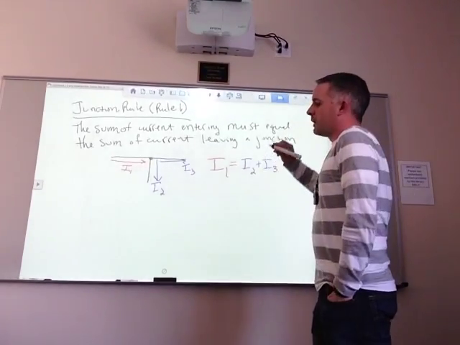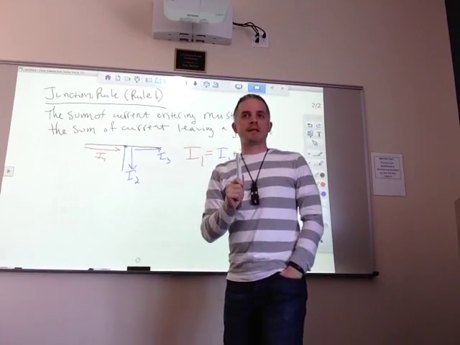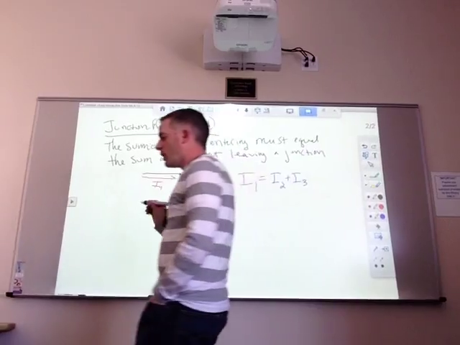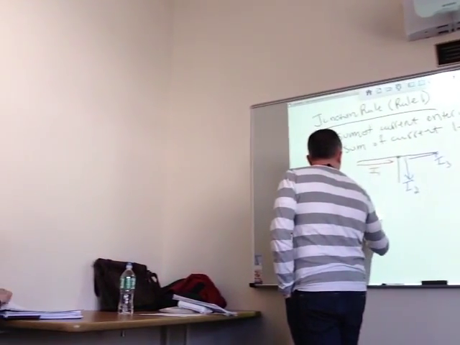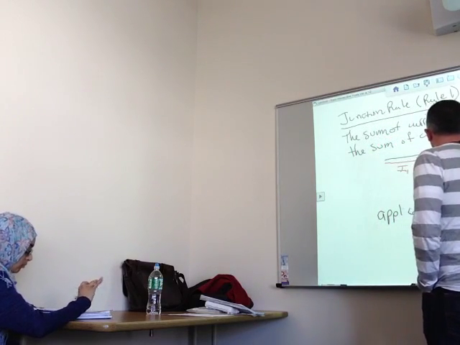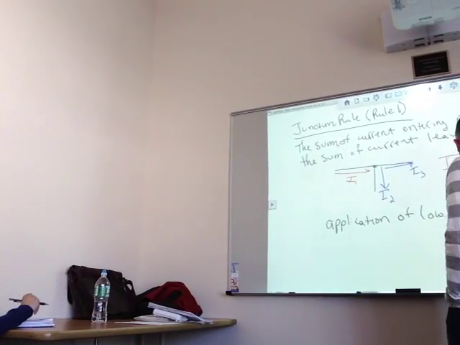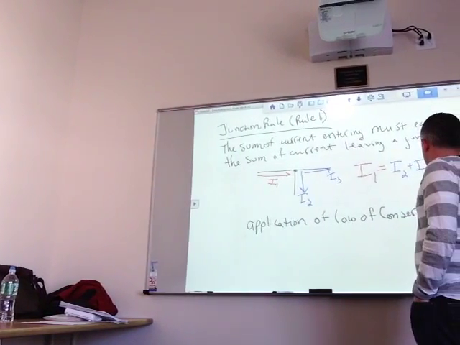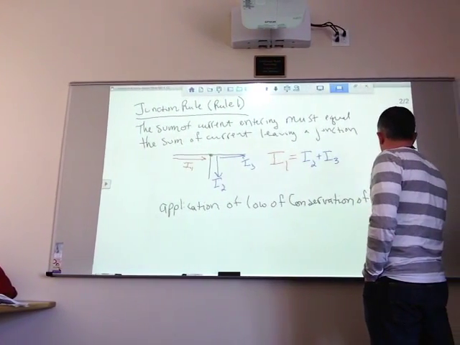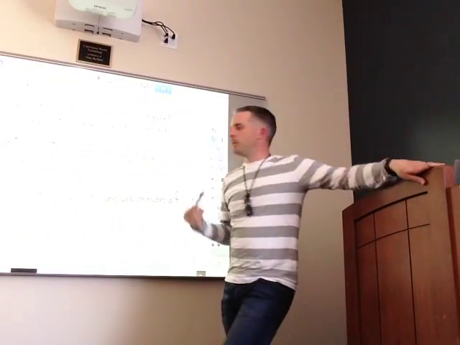So this was a question on the AP test last year, or on the practice AP test that we gave last year. Rule number 1 is an application of the law of conservation of charge. If you think about it, it really makes sense, and it's pretty simple.